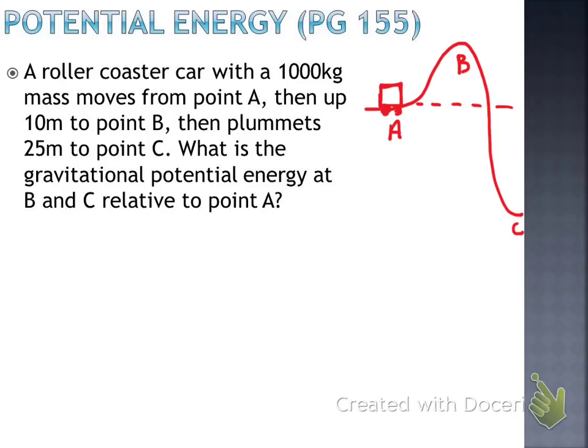It says it goes from point A up 10 meters to point B. So here's 10 meters. And then it plummets a total of 25 meters to point C. So what's the difference between here and here? 15.